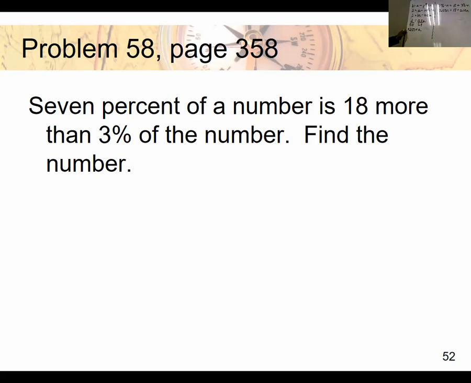Now what I'm going to do is get all the n's on one side of the equation. I'm going to move that 0.03n over where the 0.07n is by subtracting 0.03n. 7 minus 3 will be 4, so that'll be 0.04n equals 18.